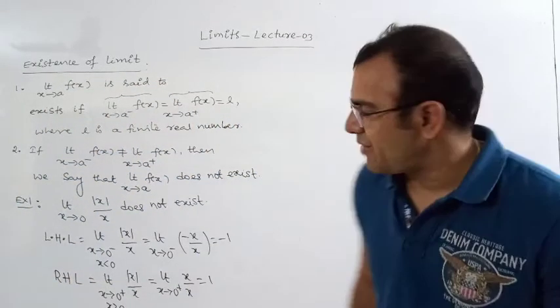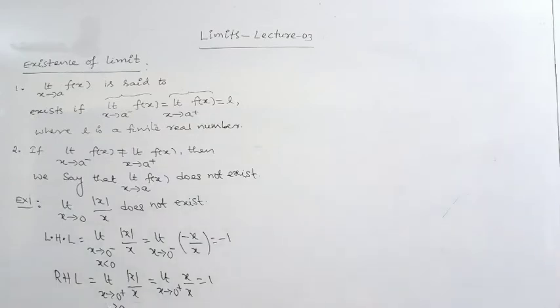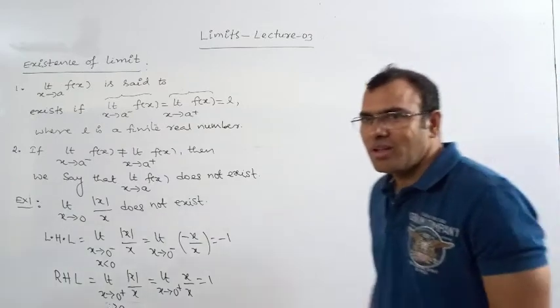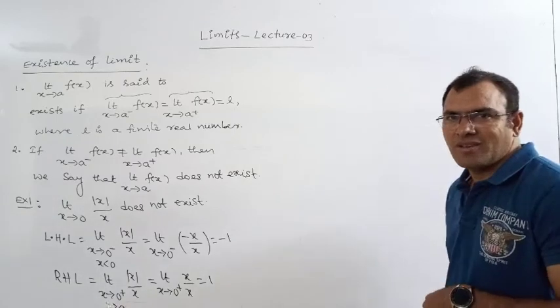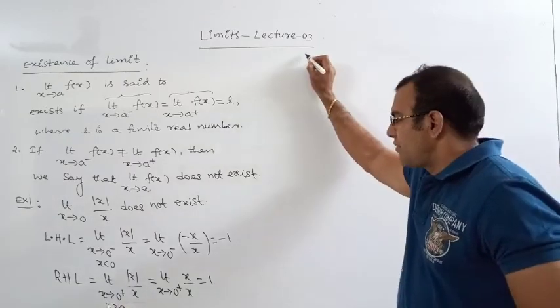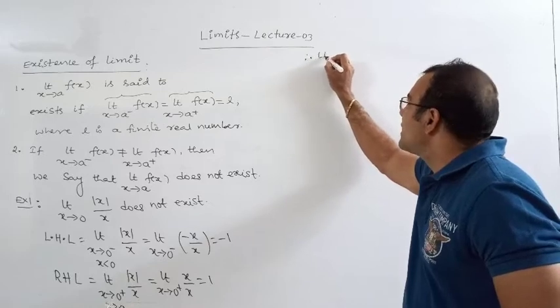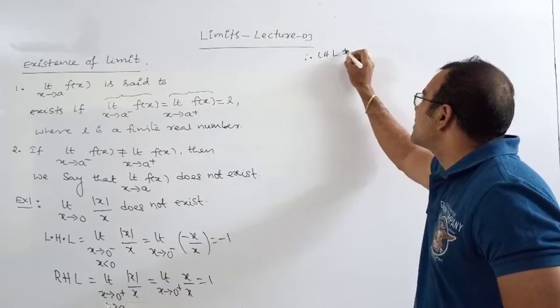So therefore, when you are approaching 0, that function is not approaching a unique number. So therefore, LHL is not equal to RHL.